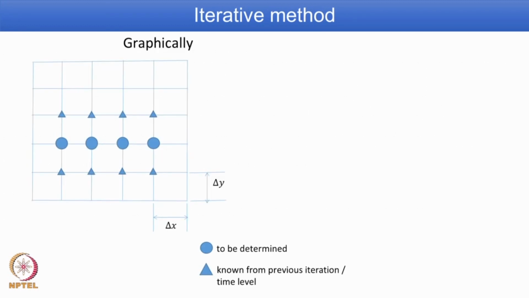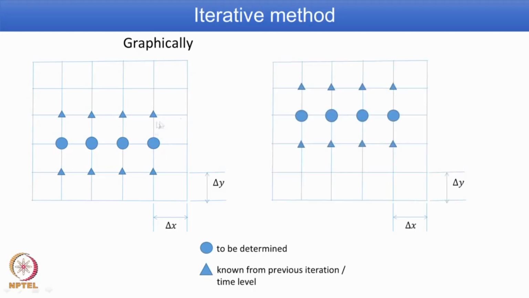Graphically, the line iteration procedure is shown. Initially you have values along this particular j node not known; previously iterated values are shown by the triangle, or from the previous known time level. So, along this particular j you set up the equation, and when you solve the equation for that j, these nodes' values become known and they are used for the next level as shown here.